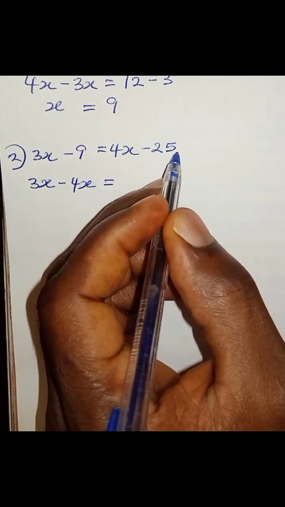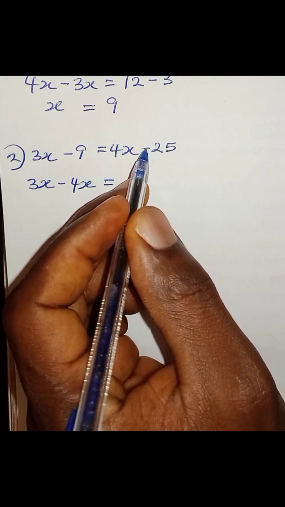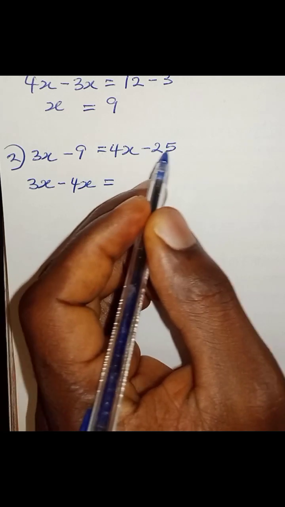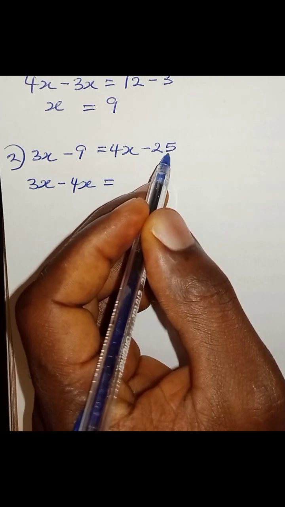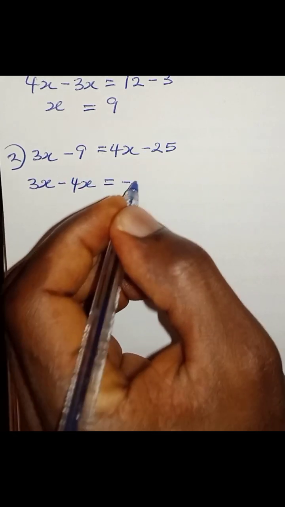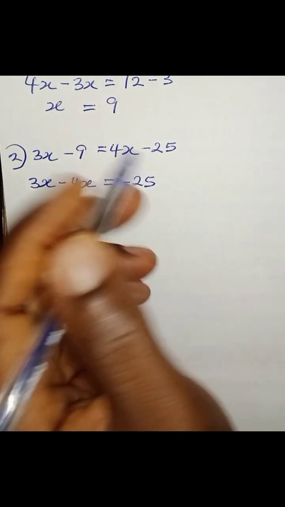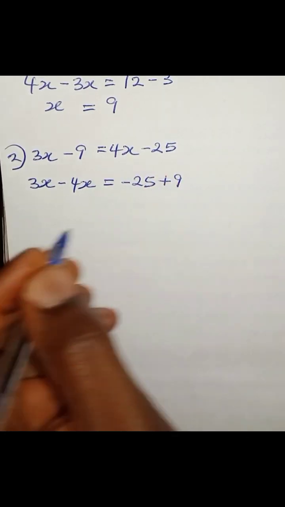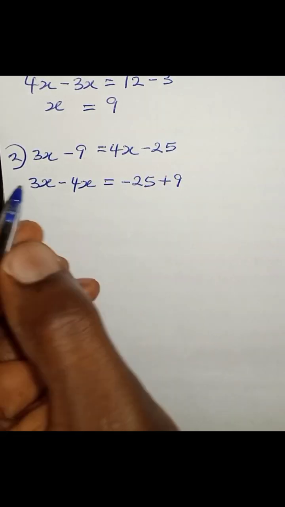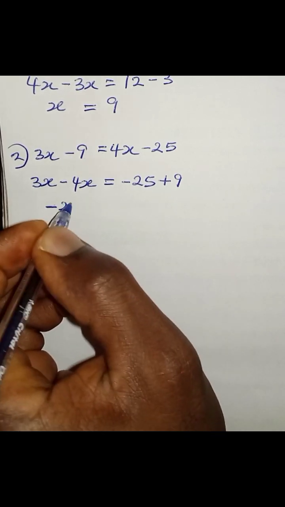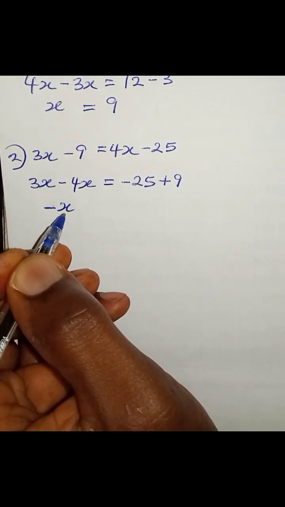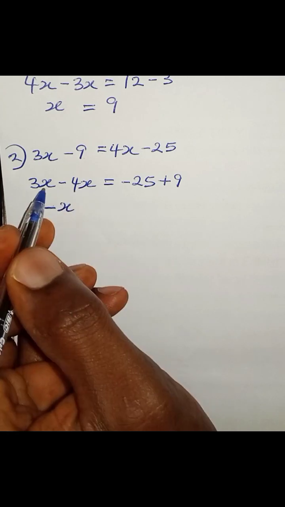We have minus 25 here. Remember, this minus sign is before 25, so it's attached to 25. It is not just 25, it is minus 25. So we'll bring down minus 25. Then minus 9 crosses the equality sign to become plus 9. So 3x minus 4x gives us minus x. And how is it minus x? Because we cannot remove 4 from 3.